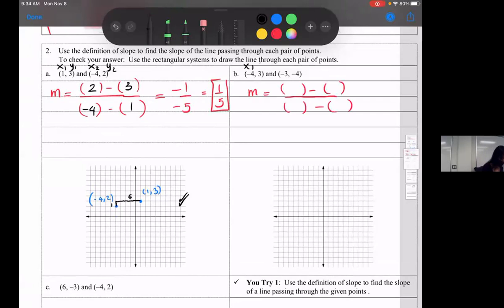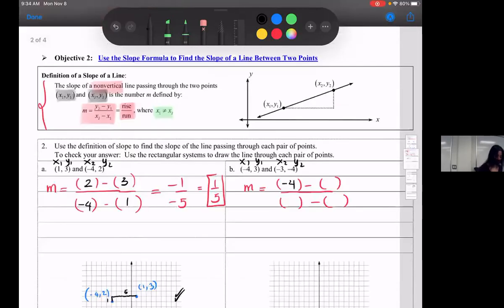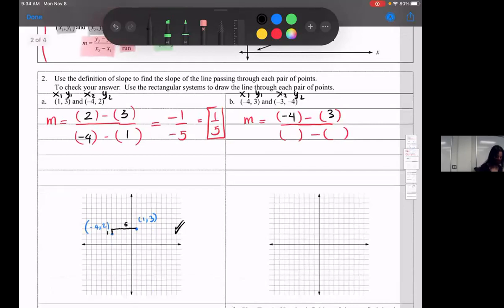Label x1, y1, x2, y2. Y2 is -4. Y1 is 3. Oops, I'm so sorry. X2 is -3, and x1 is -4. See, that's when the parentheses are useful, right? You don't lose a negative. Sometimes people forget, they lose a negative.